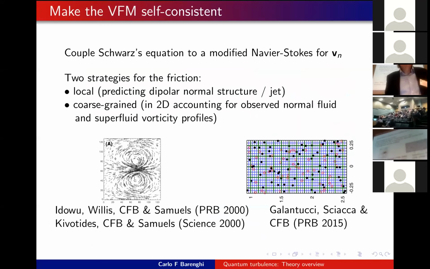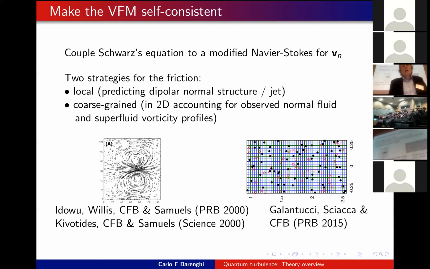Another direction to make progress, making bridges between these models, is to improve the vortex filament model. So we need to couple the Schwarz equation to some kind of Navier-Stokes equation. There are at least two strategies which I can think of for making this coupling. One is very local.